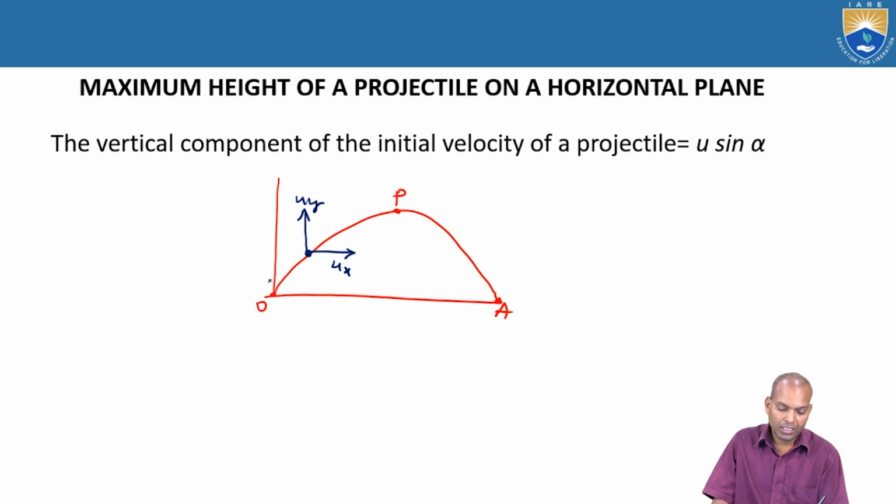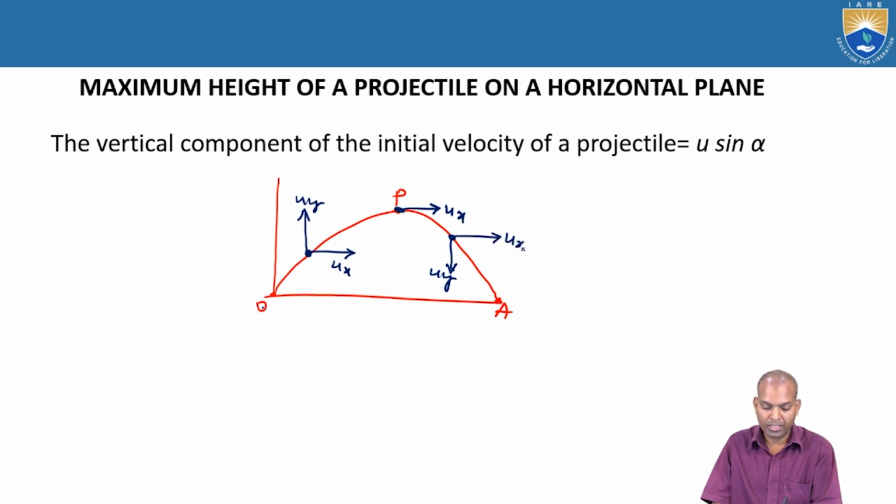The magnitude of the vertical velocity component decreases and becomes 0 at the maximum height. At point P, the maximum height, ux exists, whereas uy becomes 0. From O to P the projectile is moving upward. When it comes from P to A, the projectile goes downward, and the vertical velocity component becomes downward, but the horizontal component of velocity remains the same.